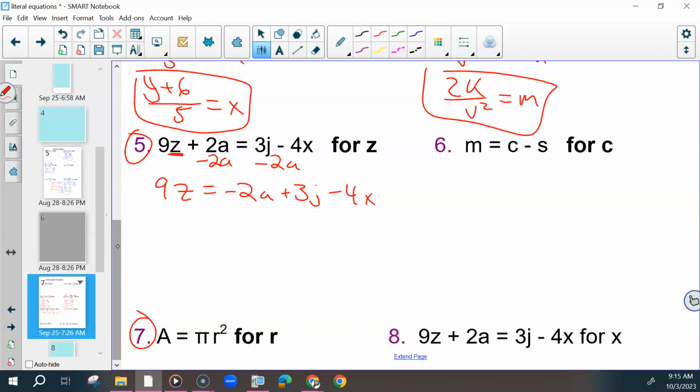Separately because of the 3. If this were any other number like 7, we could do it all at once. So z equals -2/9 a plus 1/3 j minus 4/9 x.